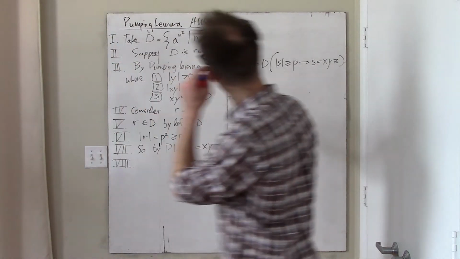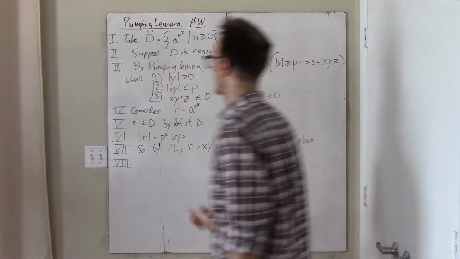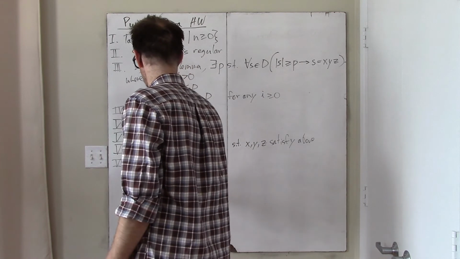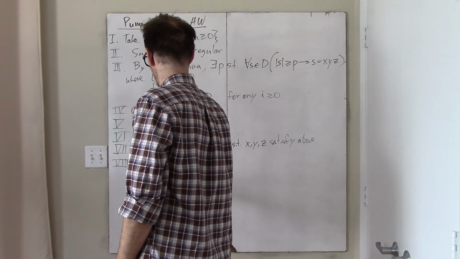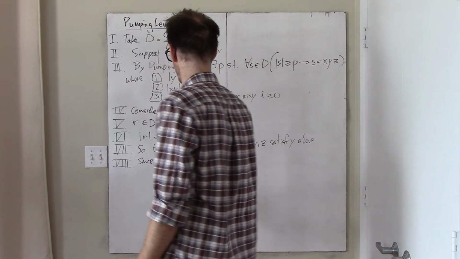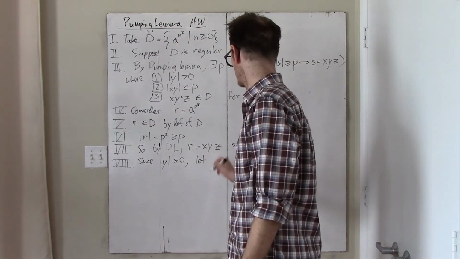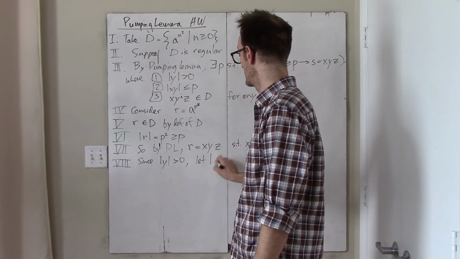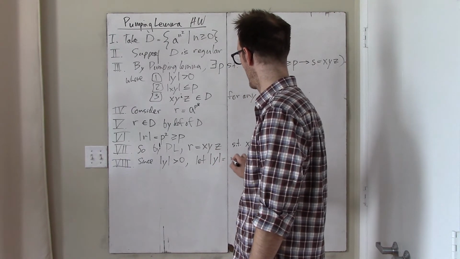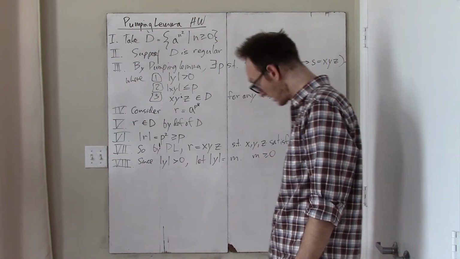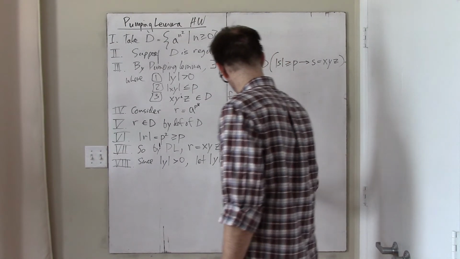What I know is that y is something greater than or equal to 0. Since the length of y is greater than or equal to 0, for purposes of specificity, let y be of length m, where m is greater than 0.